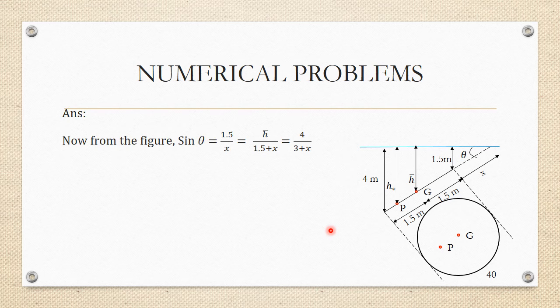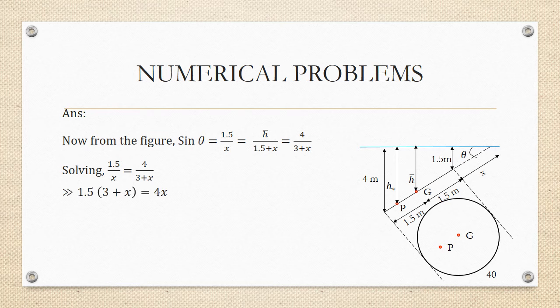From the figure, sine theta can be written as 1.5 by x, which can also be written as h bar divided by 1.5 plus x, which can also be written as 4 divided by 3 plus x. So using these three equations, you will be able to find out the value of x as well as h bar. So 1.5 by x is equal to 4 divided by 3 plus x.